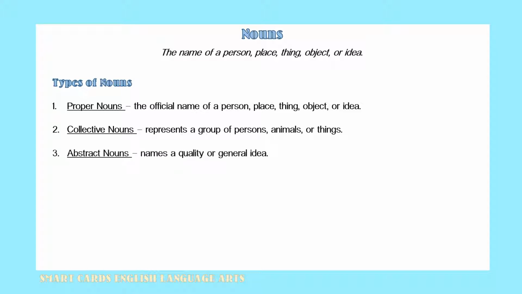We have abstract nouns, which names a quality or general idea, like fear or happiness. And then there are concrete nouns. Those are the names of a physical object, such as a car or a house.